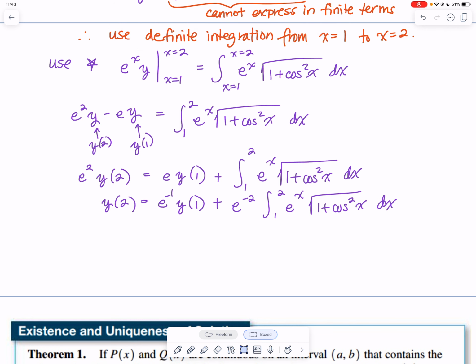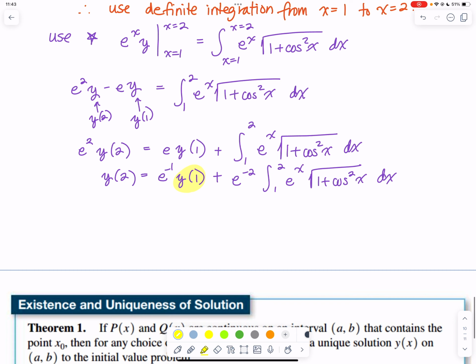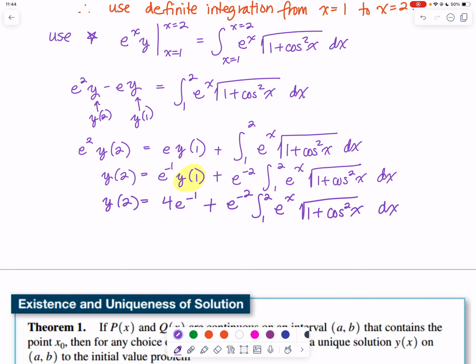Okay. And now let's substitute our value of y of 1. And remember that y of 1 was equal to 4. And so we have y of 2 is equal to 4e to the negative 1 plus e to the negative 2 multiplied by that integral from 1 to 2 of e to the x square root of 1 plus cosine squared x dx.